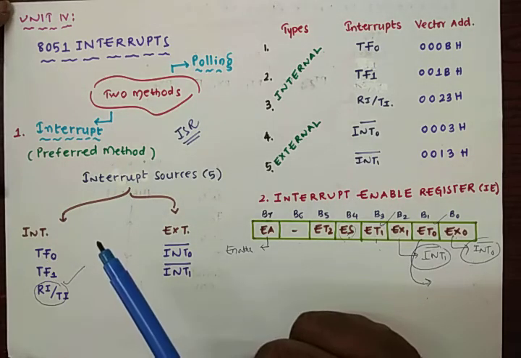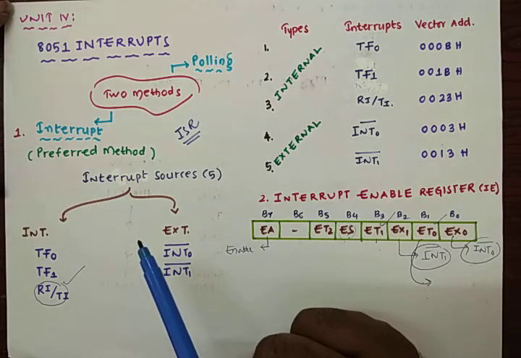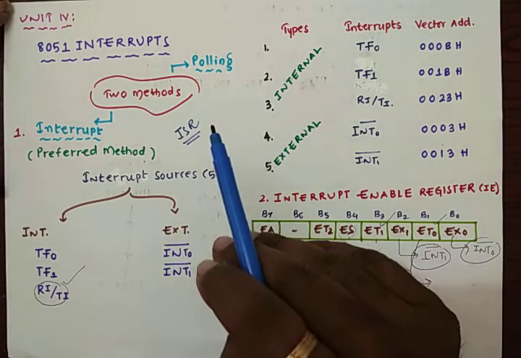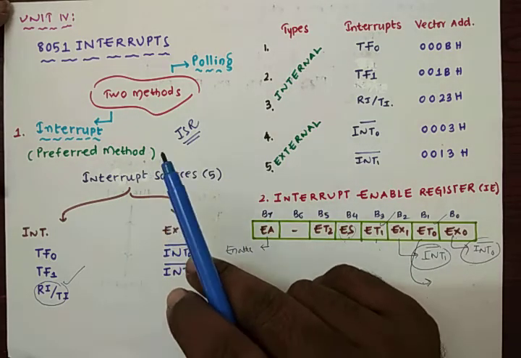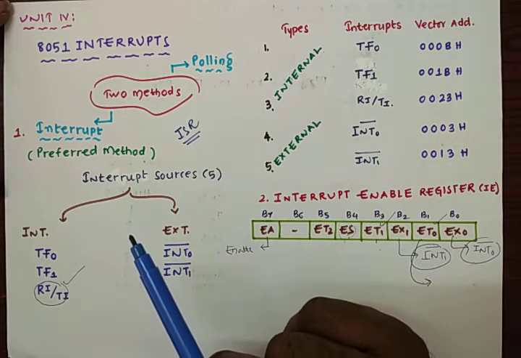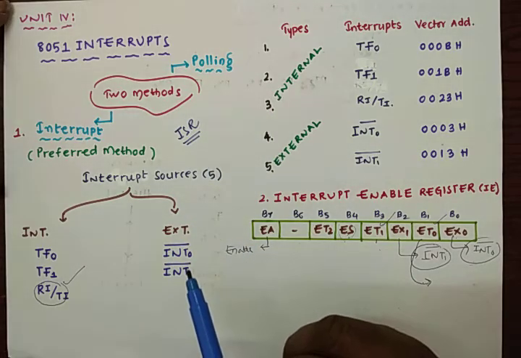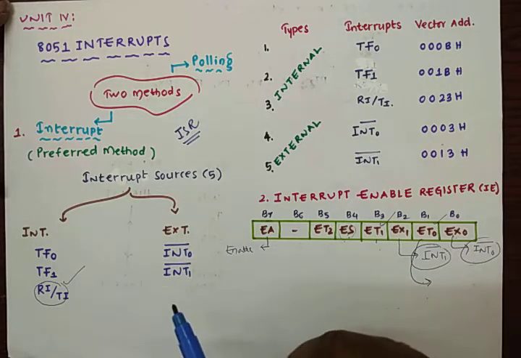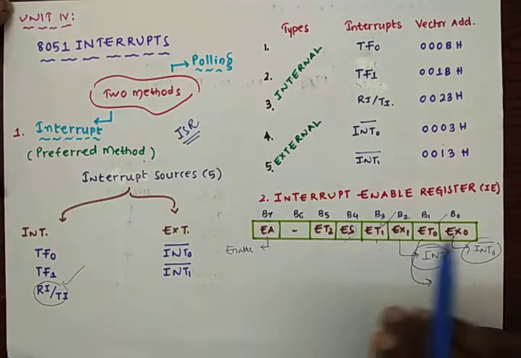In the interrupt method, the devices interfaced with the 8051 get serviced only when they interrupt the microcontroller. This is very important, so the interrupt method is preferable to the polling method.